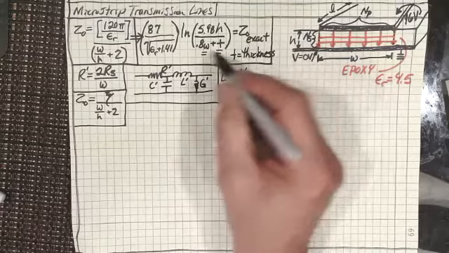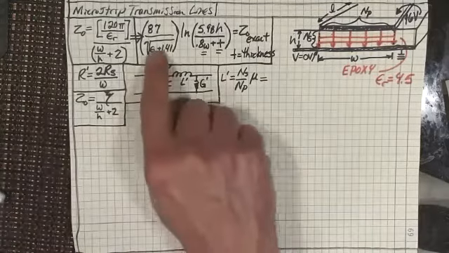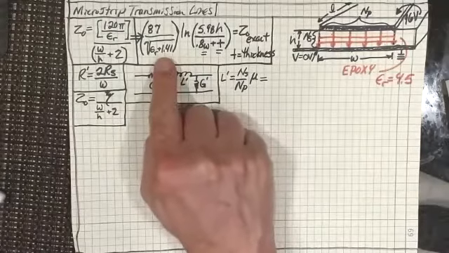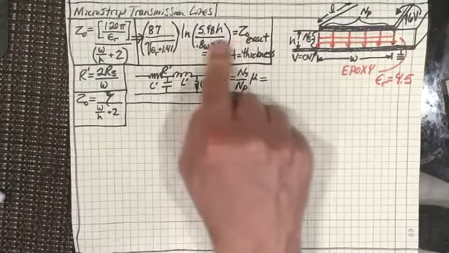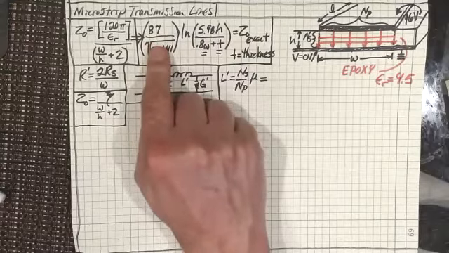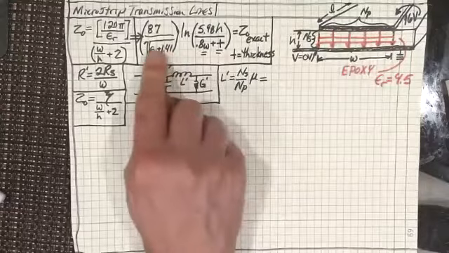And let's just look at this equation again. You can see that that's a much more detailed equation, an empirical equation that we've really gotten from a lot of experimentation on microstrip transmission lines.